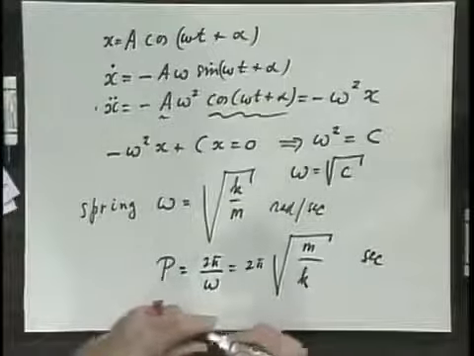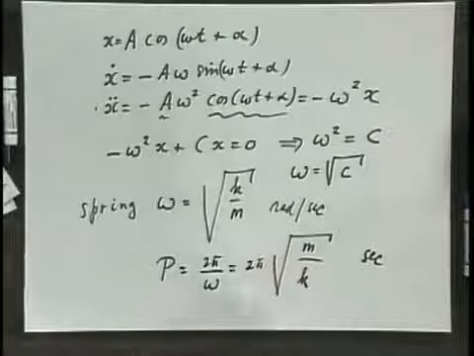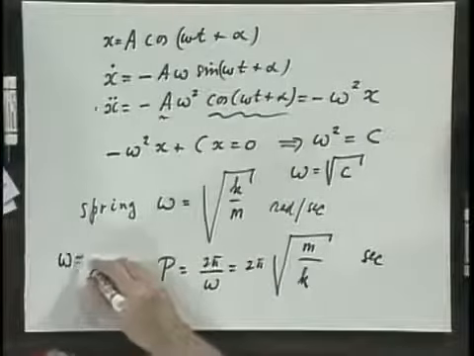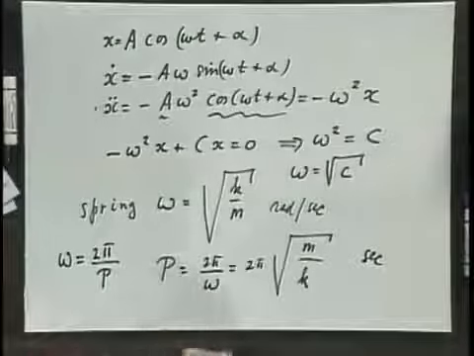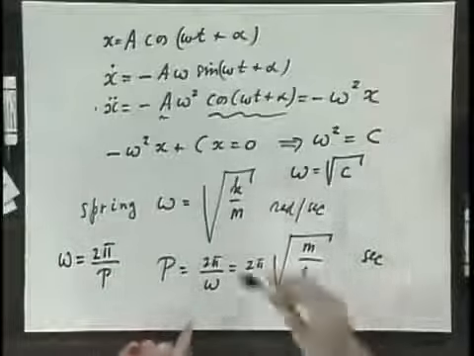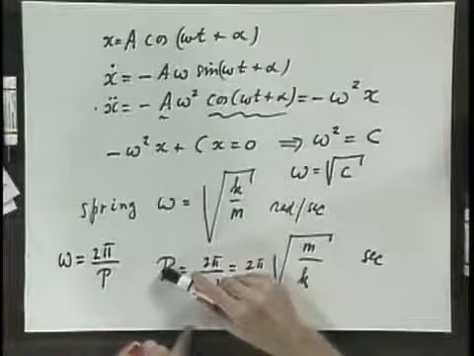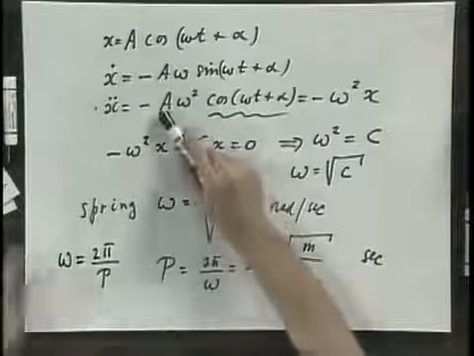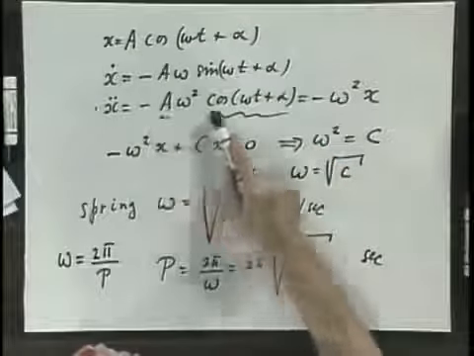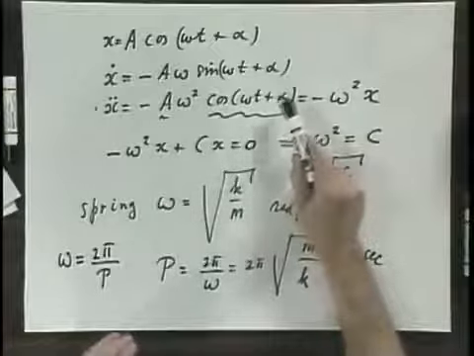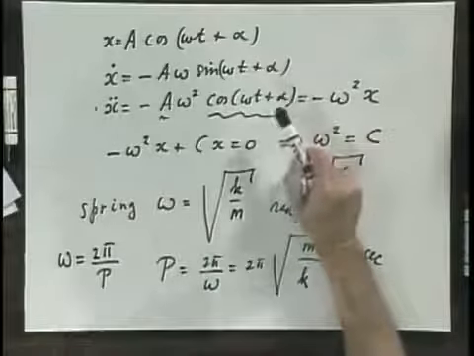And this will then be in seconds. Omega, which is the angular frequency, equals 2 pi divided by P. Now notice that both omega and P are independent of A and independent of alpha. A and alpha depend on the initial conditions.